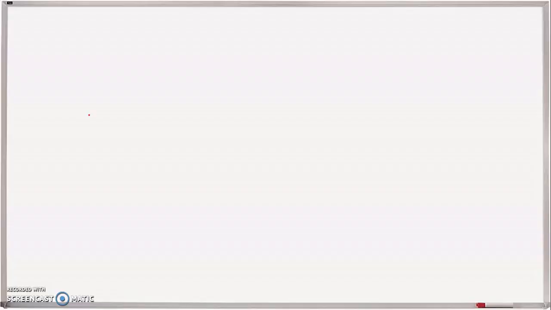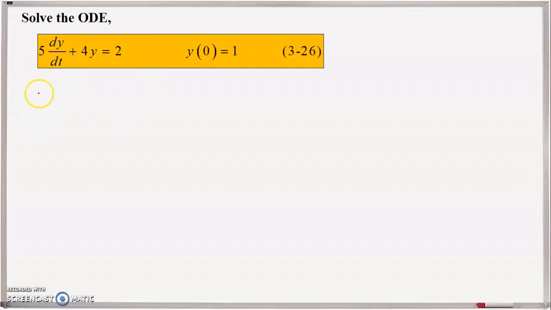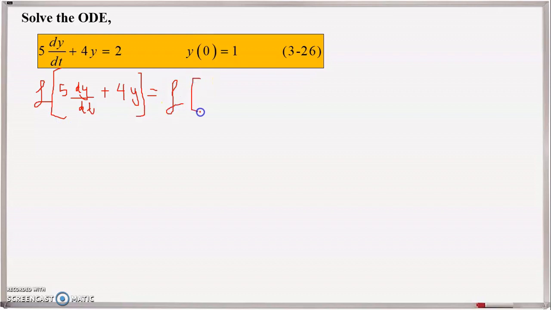So the first step is just put Laplace on the whole expression: Laplace of 5 dy over dt plus 4y, equivalent to, just put the big bracket, another Laplace, this is the symbol of Laplace, put another big bracket of 2. Take Laplace for this side and take Laplace for this second side.